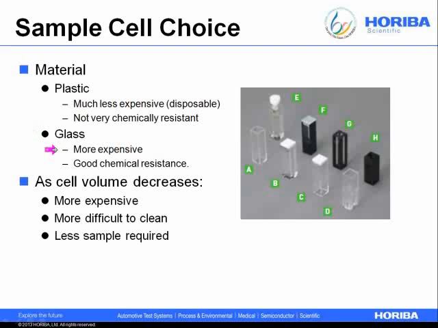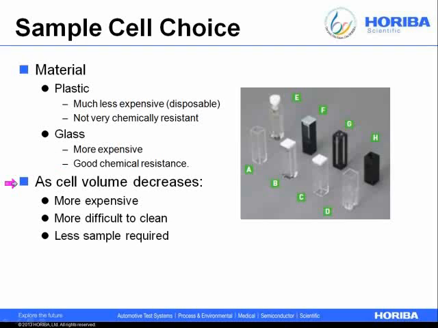Glass is more expensive, which means you're stuck washing glassware. And so that's part of using glass. But it has the advantage of good chemical resistance. So if you're working with THF or toluene, you'll wind up washing glassware because you'll use glass sample cells.